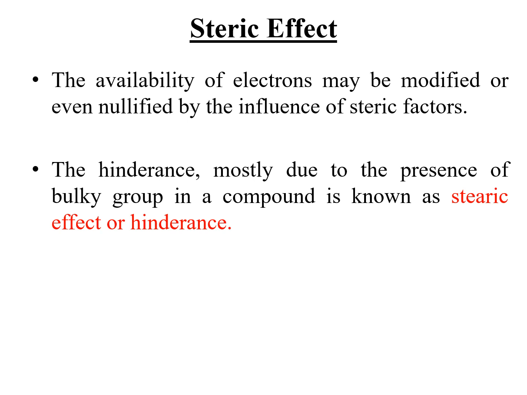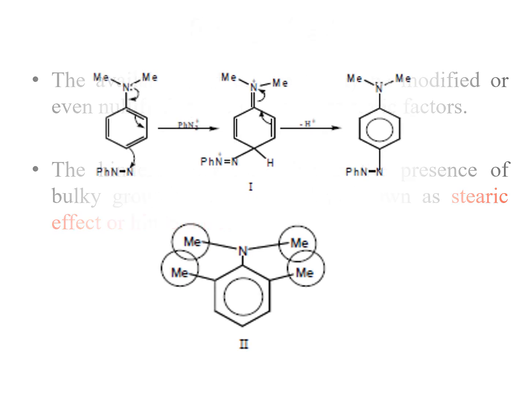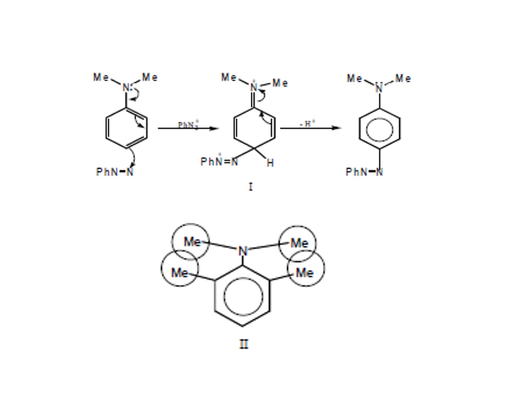The more the load, the lower the speed of the car. This load is called steric effect or steric hindrance. Compound structure 2 has so much steric hindrance that there is no space for any reaction to occur, unlike structure 1, where there is still space and the reaction can occur.